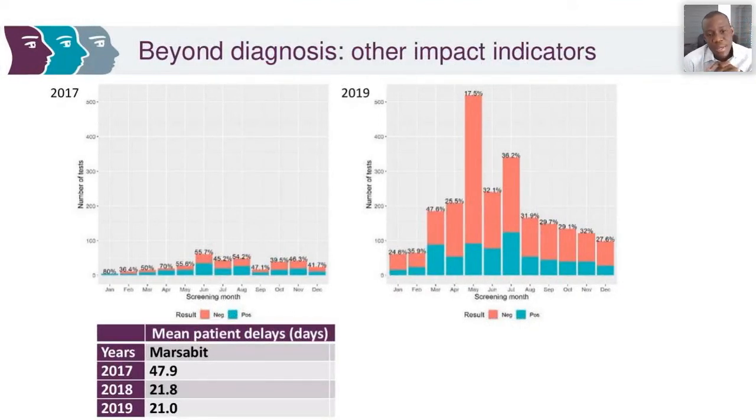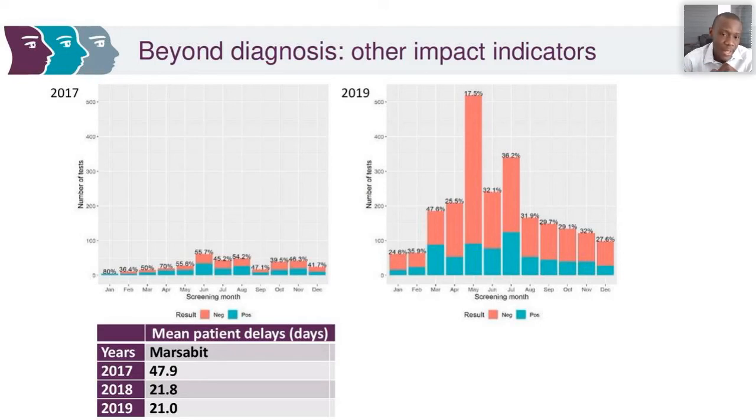There are also impacts on other indicators. For instance, by looking at the two different epidemics, you see that between 2017 and 2019, a lot more cases have been reported in this county. Again, we link this to all the community education and behavior change, leading not just patients but also health facilities to know more about the disease, and therefore they are testing more people and diagnosing more people.